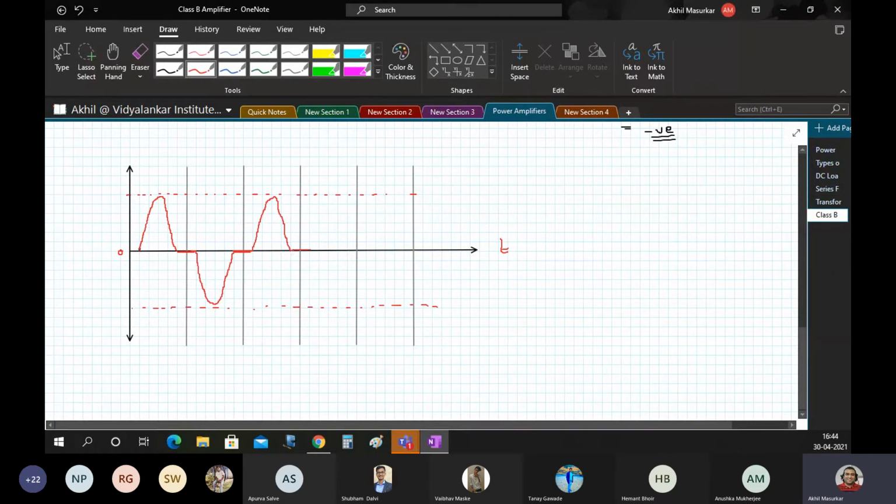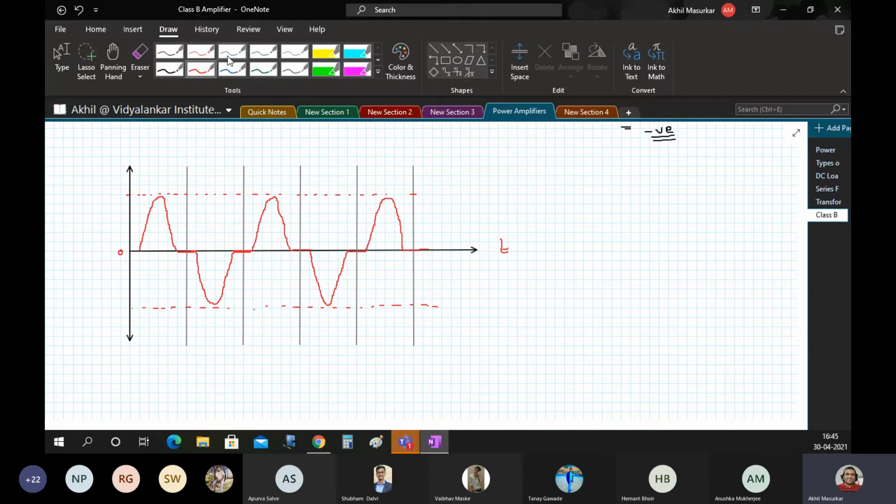So unless my Vin reaches 0.7, my output does not, my transistors don't conduct. So again we have something like this.